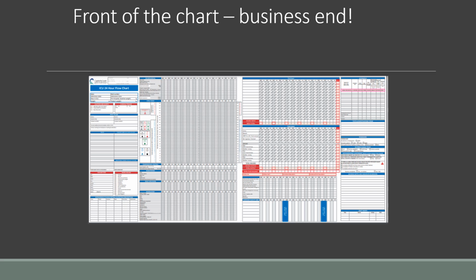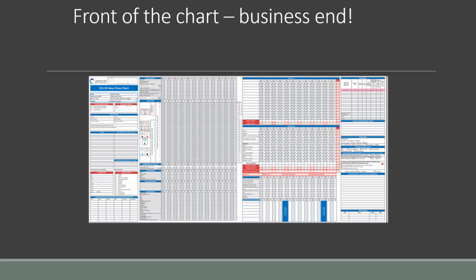So for example, if you've had a brief flurry of a tachyarrhythmia and you want to capture that was an episode of SVT, then you can by all means document SVT on your vital signs and make mention of the treatment that you gave or whether it was self-terminating. And again, an example of using the chart to illustrate your patient's progress.